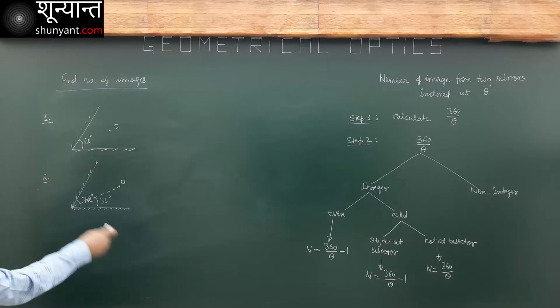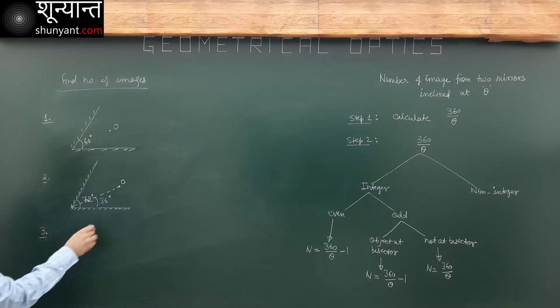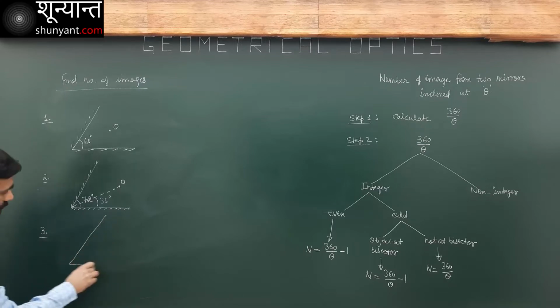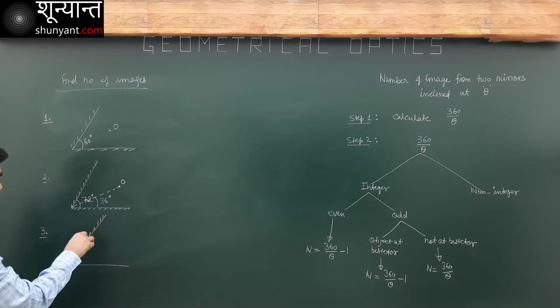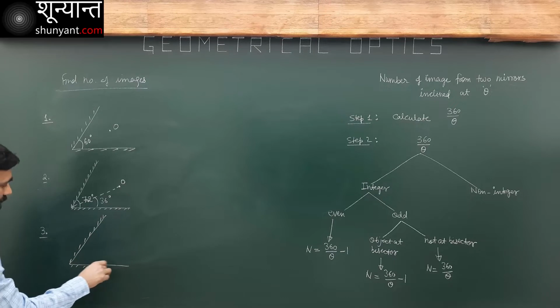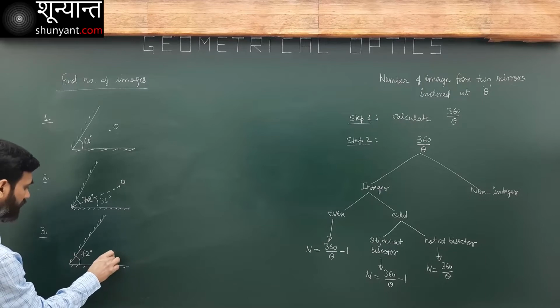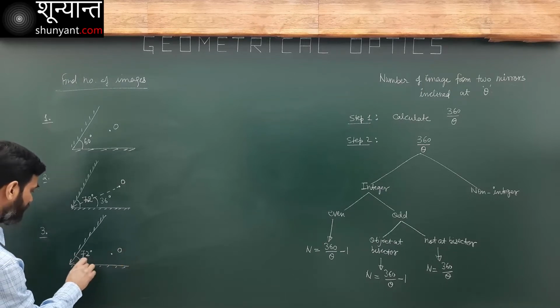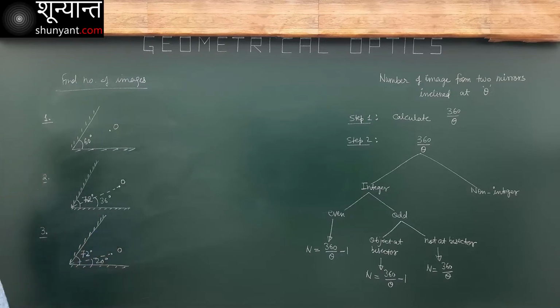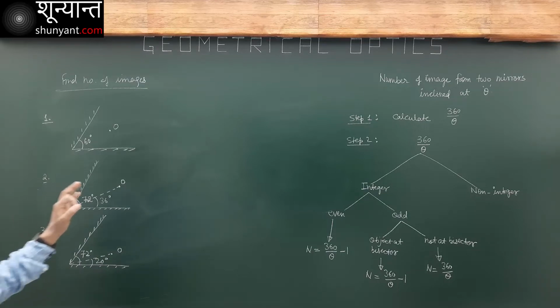You understand this? And then third, the same mirrors, same inclination. This angle is 72 degrees, and the object is here. Let's say this angle is 20 degrees, just for example. In each case, how many images are we going to get?